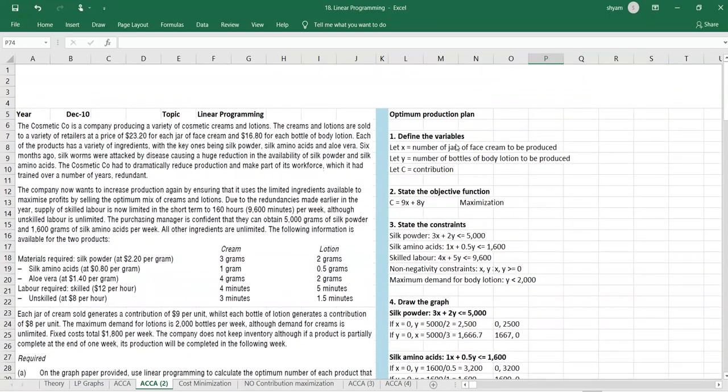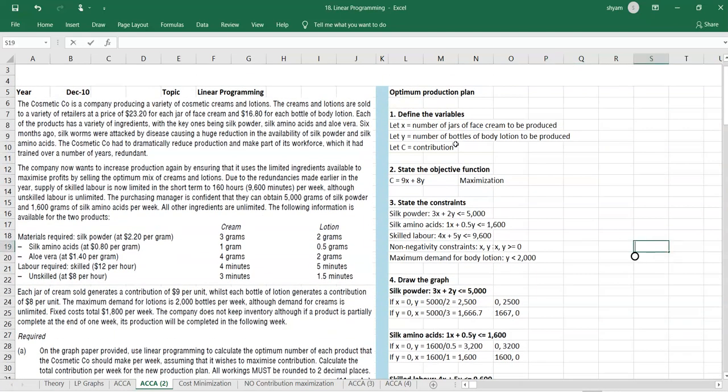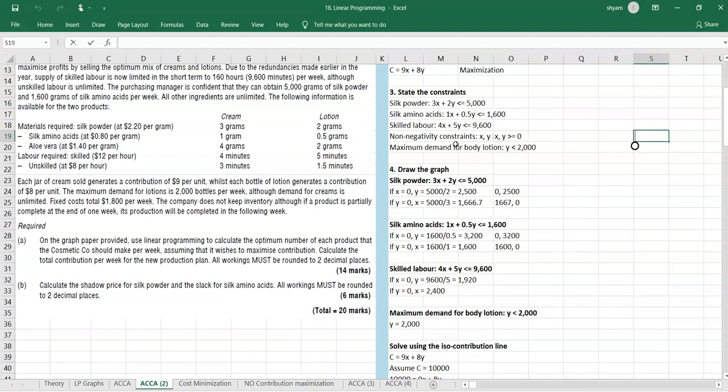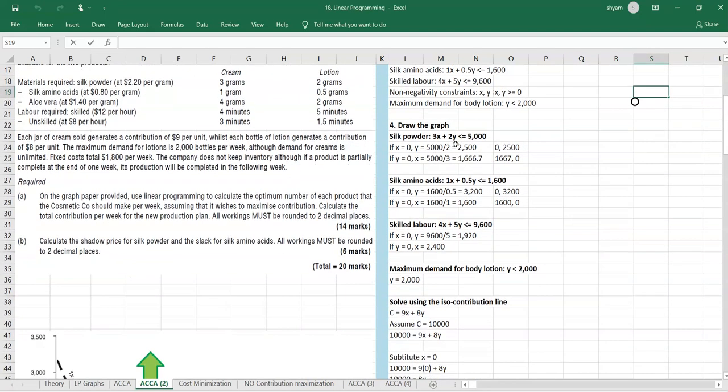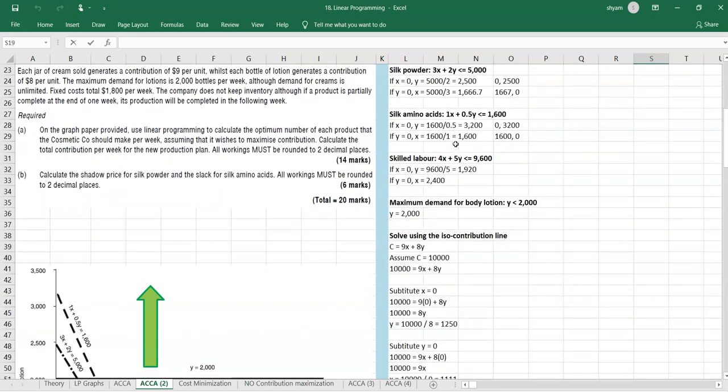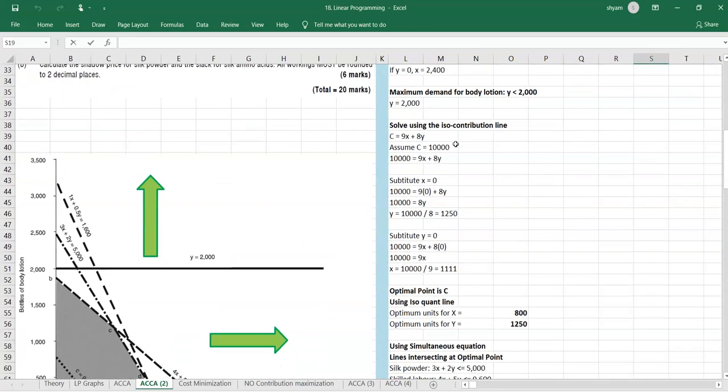So I'll just summarize it once. First, define the variables, find out the objective function, then find out the constraints. Form the equations, then find out the coordinate points that you have to draw in the graph. Of course, you have to draw the graph. Then solve the graph points, and create a graph.